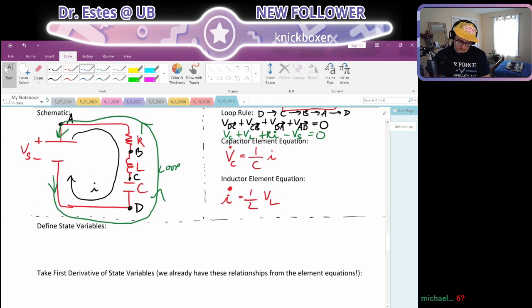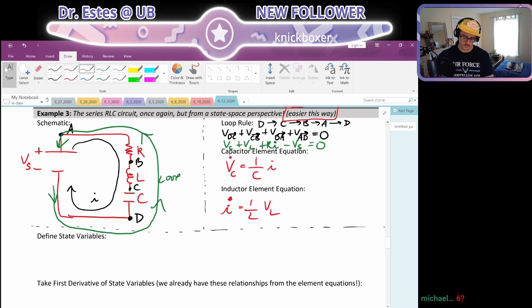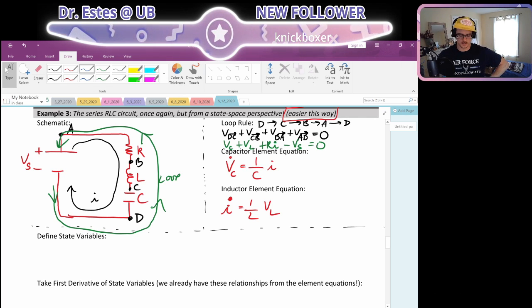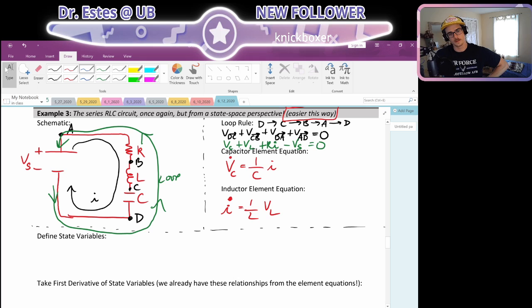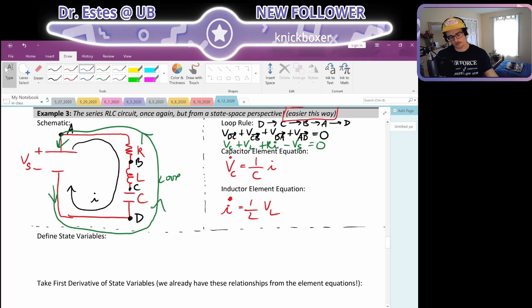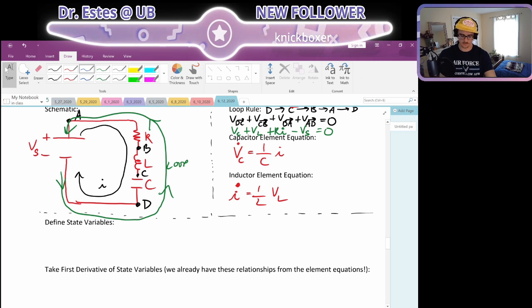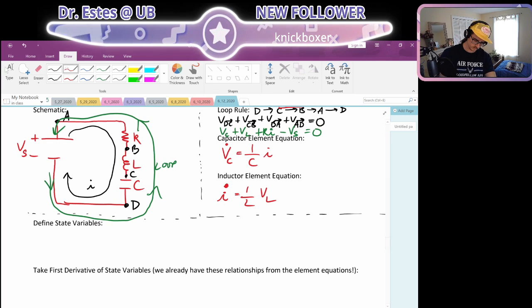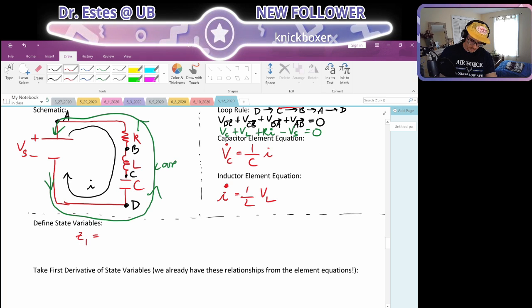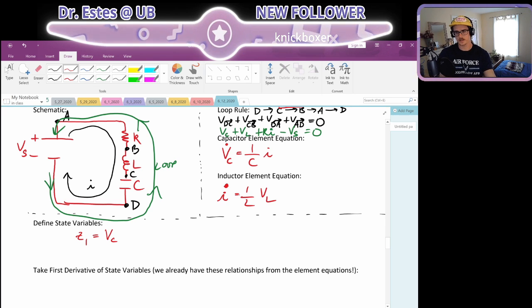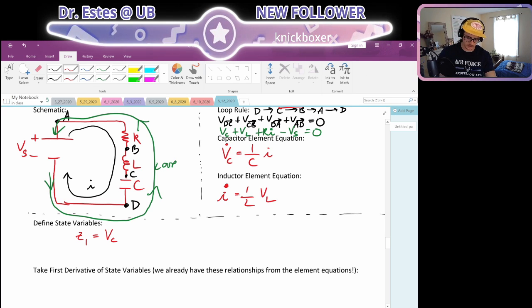And now you know this series RLC circuit is just second order, because there's one inductor, one capacitor, you add that up. And we define our state variables. Sure, let's call it Z1 the voltage across each capacitor, so there's just one state for that.